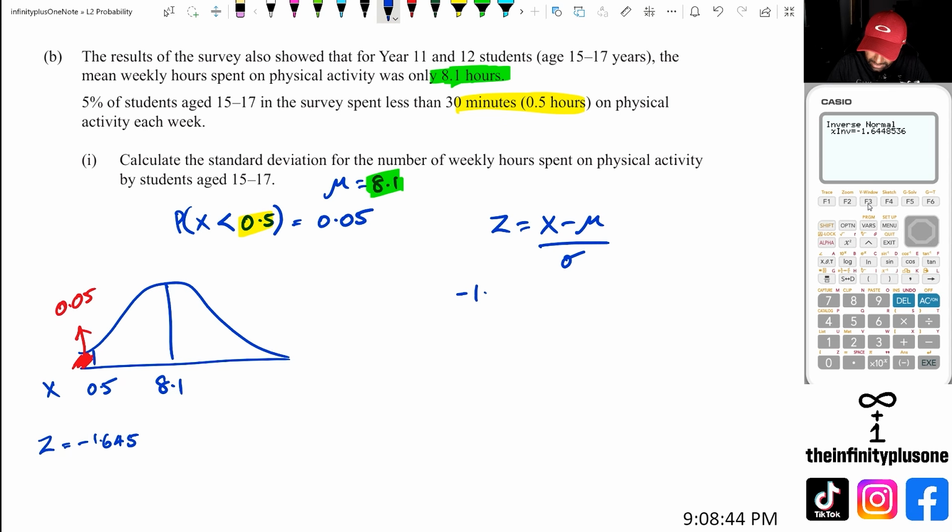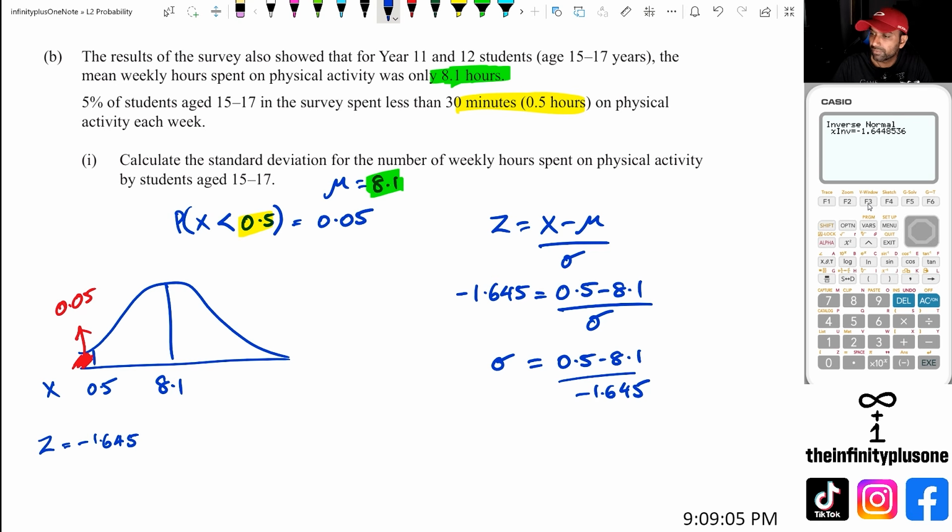So we've got z is equal to x minus mu over standard deviation. Now the z value is negative 1.645. The x value is 0.5 minus 8.1 for the mean, divided by the standard deviation, because we're looking for the standard deviation in this case. So cross multiply, standard deviation is equal to 0.5 minus 8.1 divided by negative 1.645.